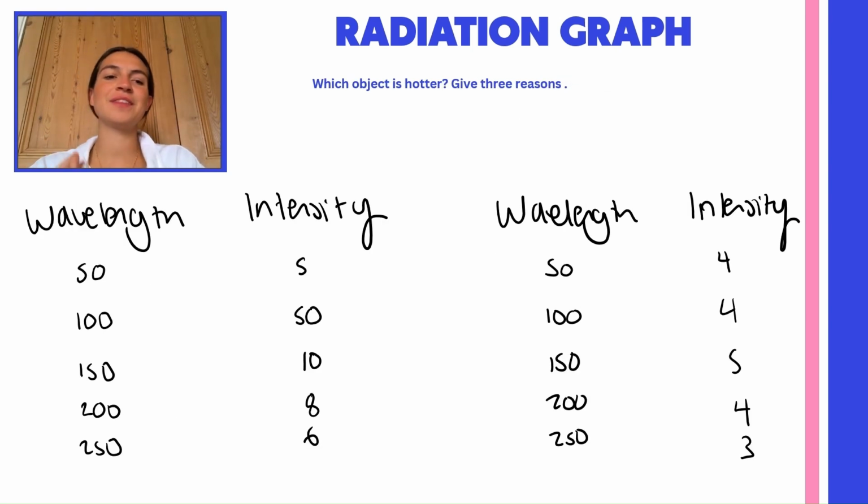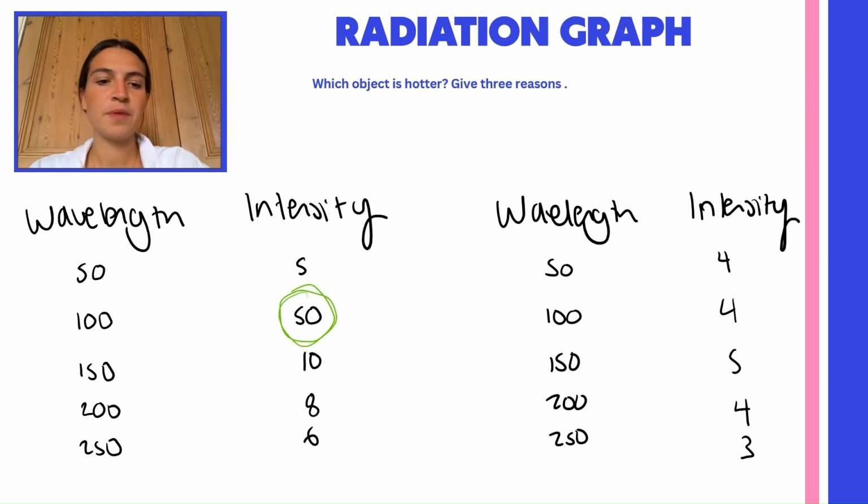Okay, so for these two tables here, I have wavelength and intensity, and I need to find which object is hotter and give 3 reasons why that must be the hotter object. The first thing I'm going to look for is which one of these two objects has its peak wavelength, that is its wavelength at its highest intensity, as a smaller wavelength.